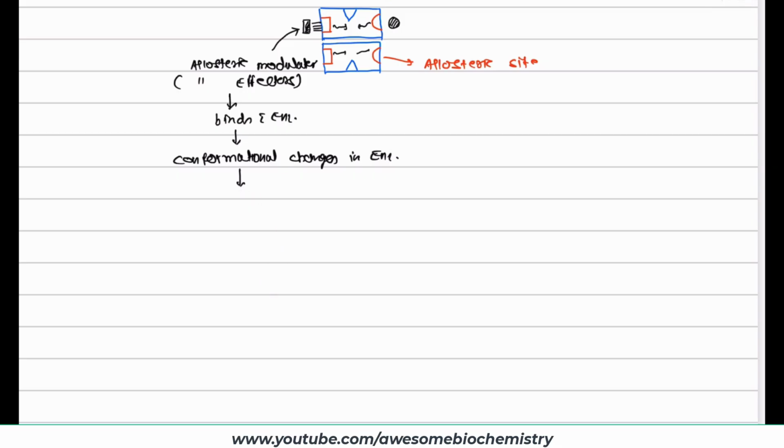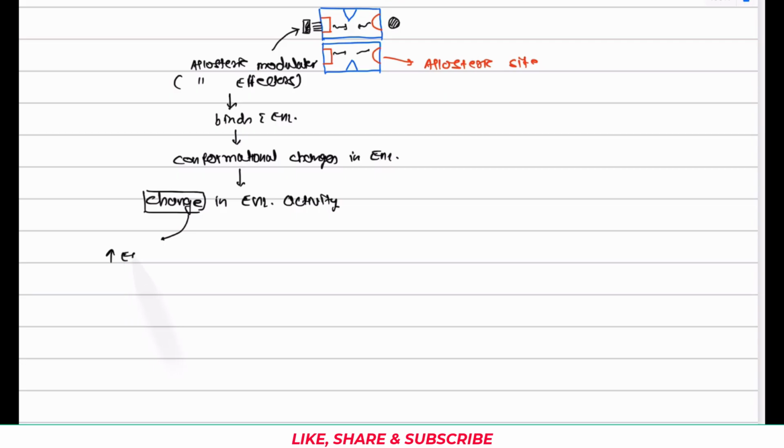So that means there is a change in enzyme activity. This change can be of two types. It may lead to increased enzyme activity, or it may lead to decreased enzyme activity.